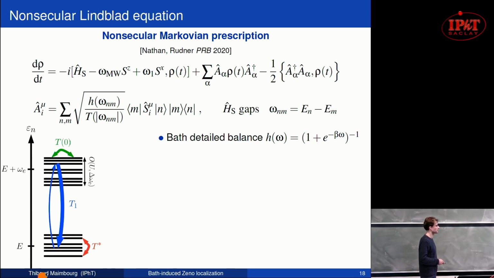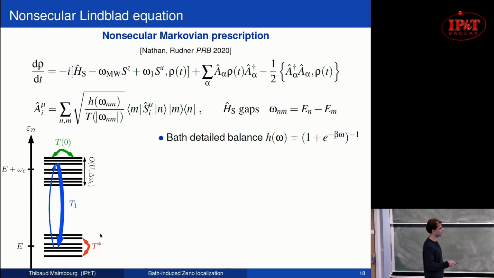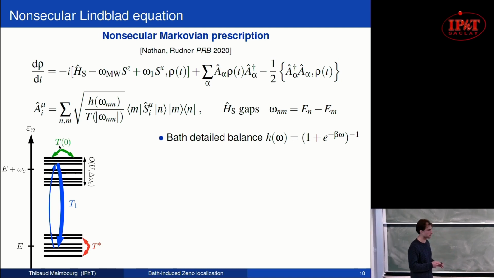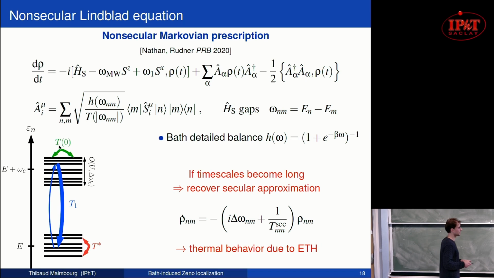And then you have the time scale of S_z transitions that stay in the same group of polarization. You can call it another way, T star, let's say, so you can have two typical time scales. Of course you can have zero energy transitions. Very important.